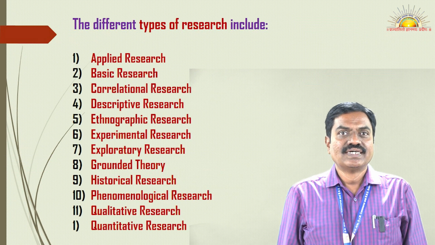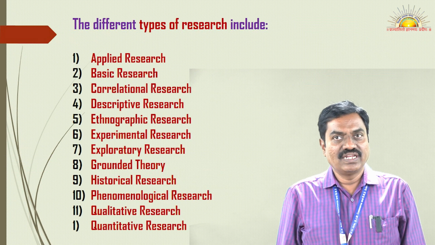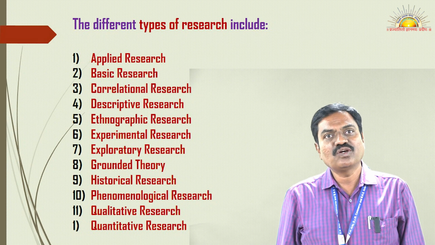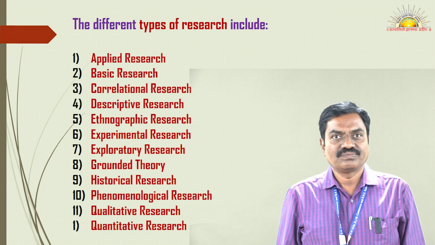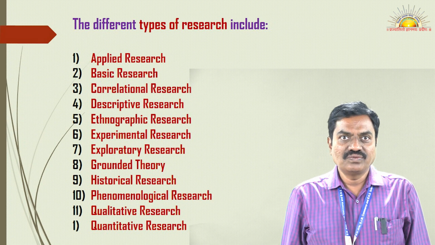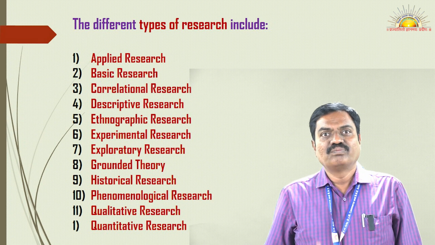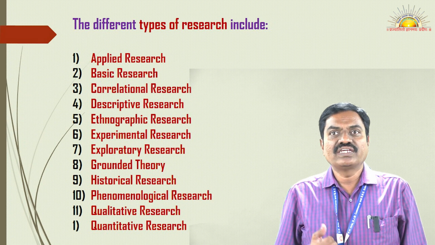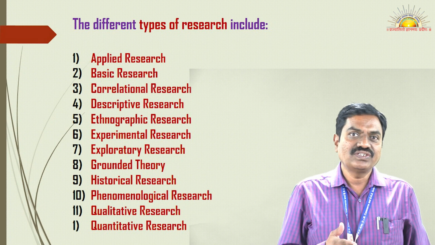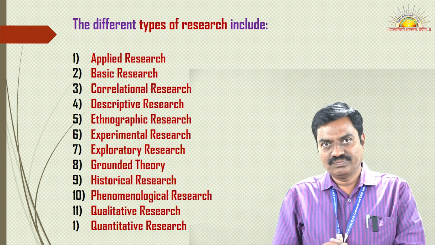Having discussed some of the types of research in lesson 5, in this lesson 6 too, we shall talk about the remaining types. In lesson 5, we talked about applied research, basic research, correlational research, descriptive research and ethnographic research.